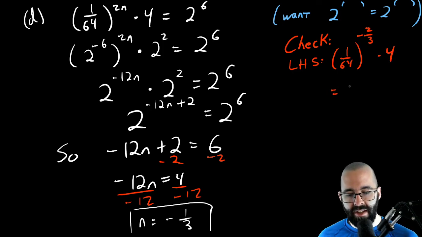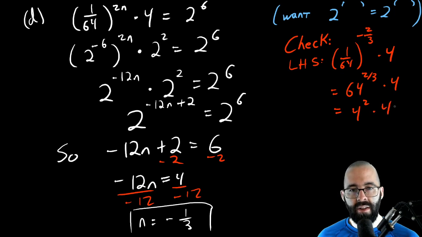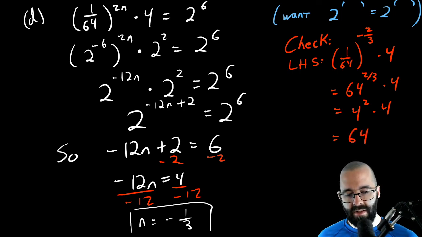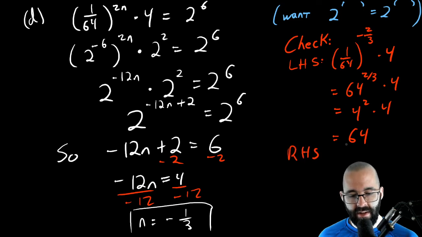So the negative is a reciprocal, becomes 64 to the 2/3. Cube root of 64 is 4. This is 4 squared. 4, 16. There we go.